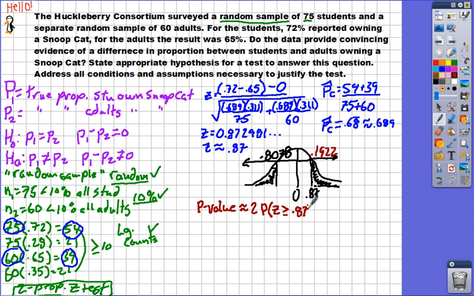That's the z value we checked right there. So we found that probability right here, but really we're looking for it to be greater than that. So we're looking for that one, which is why we're doing 2 times 0.1922. When we do that, we get our p-value at approximately 0.3827.